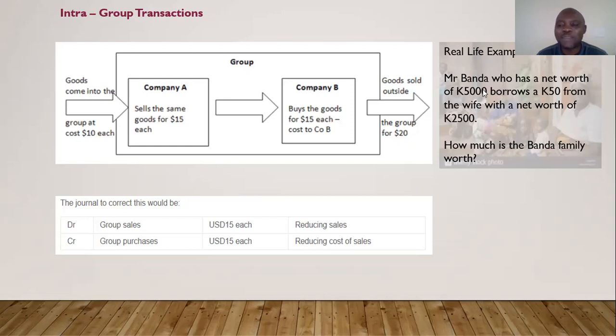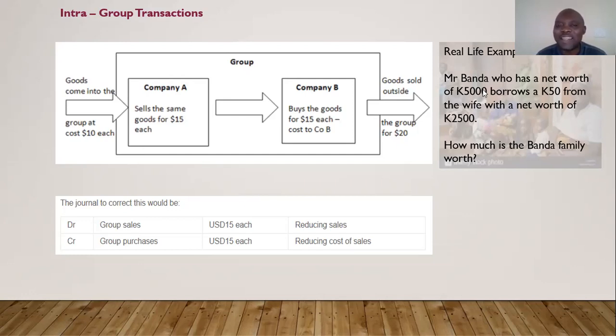So all we are saying is, because it is an intra-transaction, we first need to cancel it. That 15 kwacha or $15 that company A sold to company B has to be canceled from the group sales account, meaning that sales will reduce by 15 kwacha.